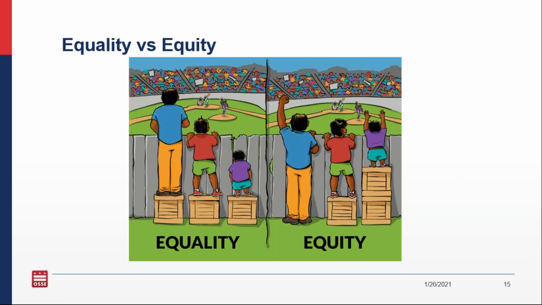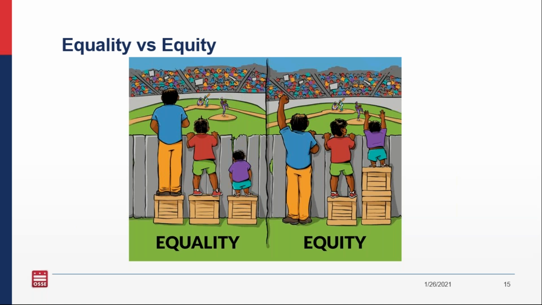So here's an image. It's actually one of my favorite images of accessibility and fairness. It gives a perfect example of what we want to see for our students that are receiving accommodations and accessibility features. On our left, we have an adult with two children. They're all standing on the same size box, trying to watch a baseball game, but we see the smallest child is unable to view the game.